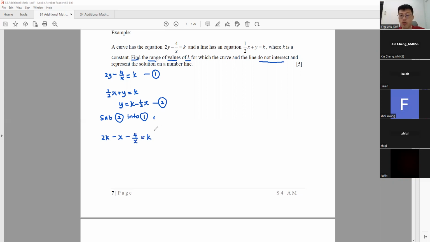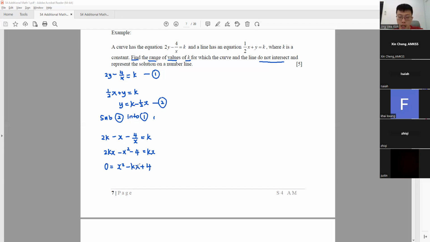What I need to try to form now, remember, if I want to find my discriminant, I need to form my quadratic equation. And this x is stopping me from doing that. So what should I do? I multiply by x throughout. Now again, I prefer to make my x squared positive, so I bring everything to that side. When I bring this here, it becomes minus kx plus 4.